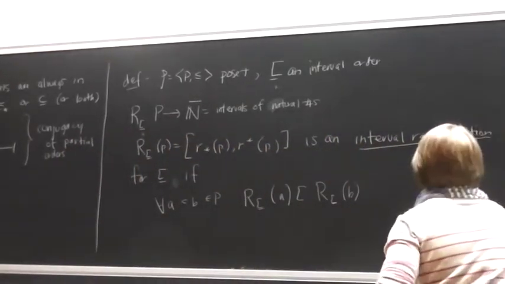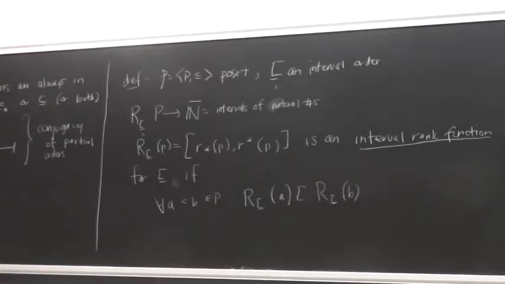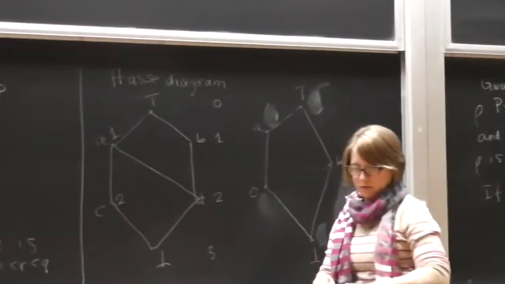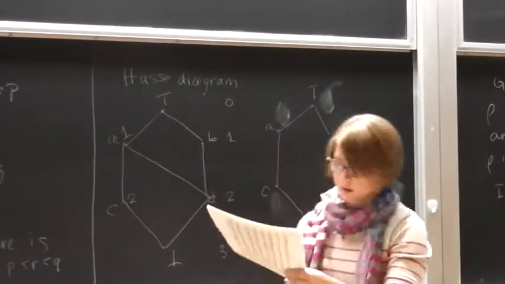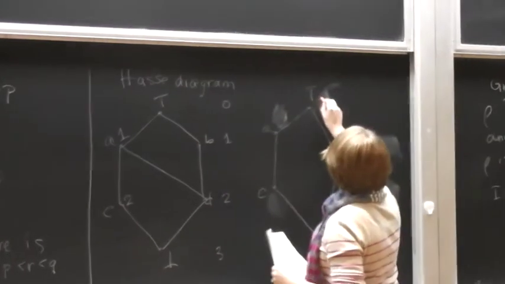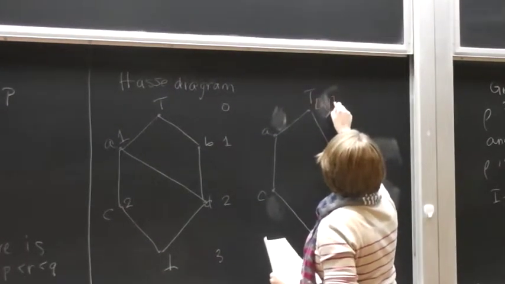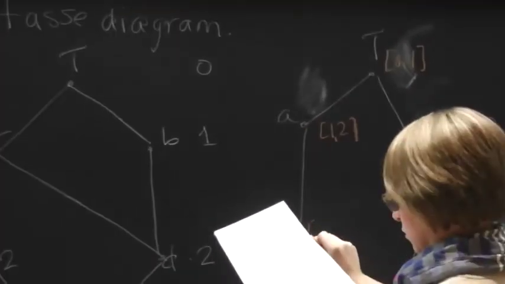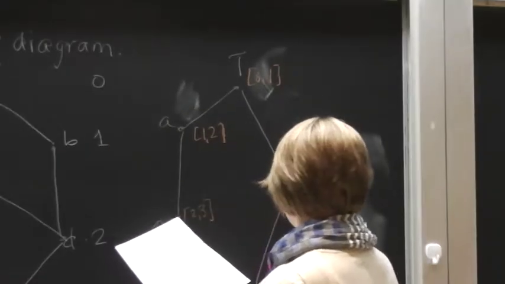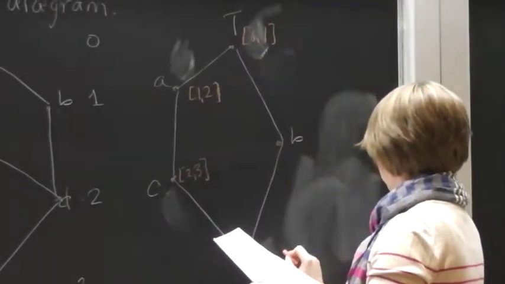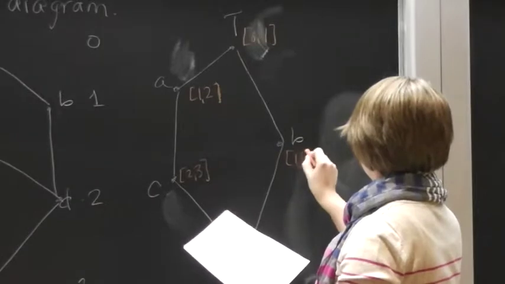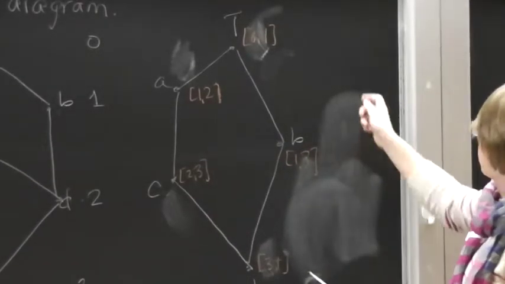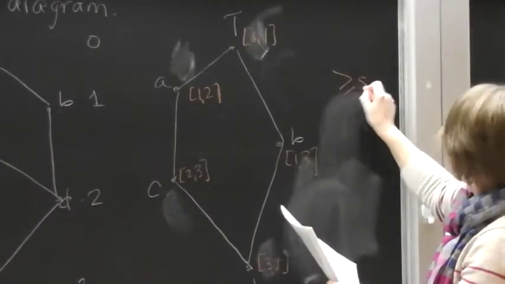So if we go back over to our example here, I'm going to erase the ones that I've already got on here and write a couple of others. So maybe I can use a color chalk here. So I could say, for example, 0, 1, 1, 2, 2, 3, 3, 4, and here I could say 1, 3, and this one would work for the strong order.